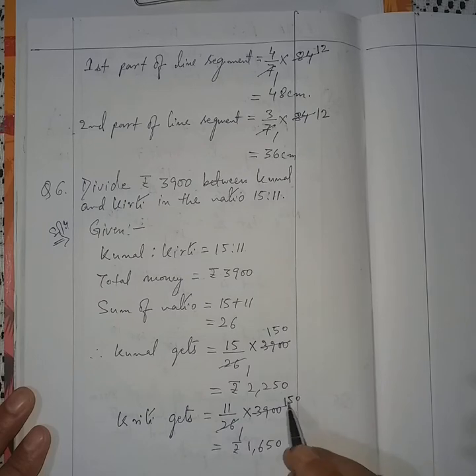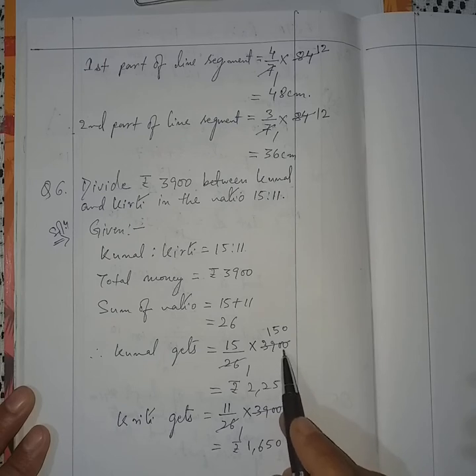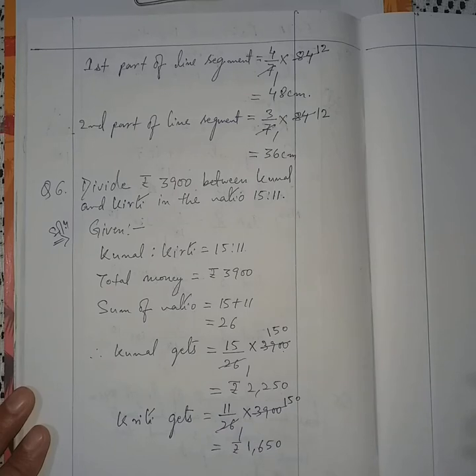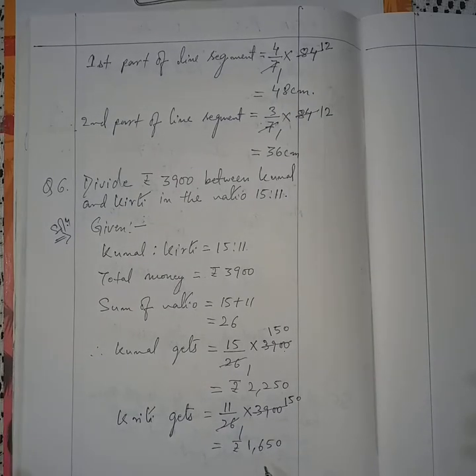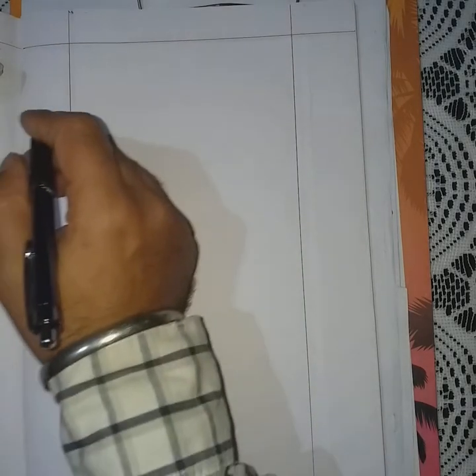So we can check also: if we add these two we should get 3900, because this is the total money divided between Kunal and Kriti. Okay, so this is question number 6. Question number 7.